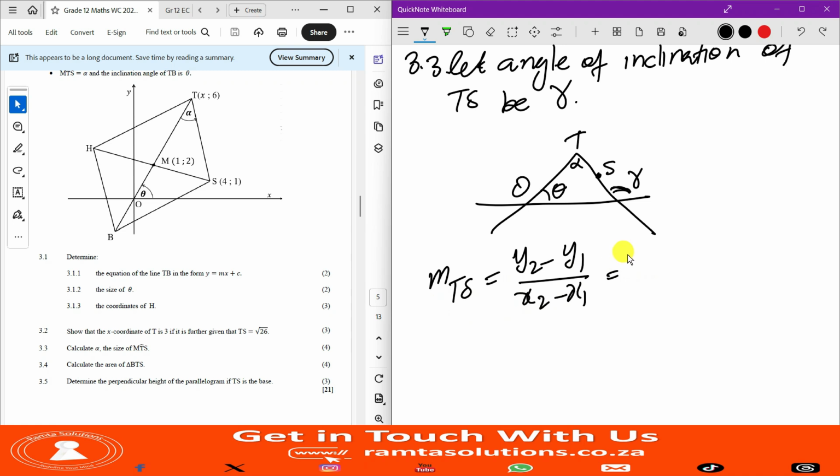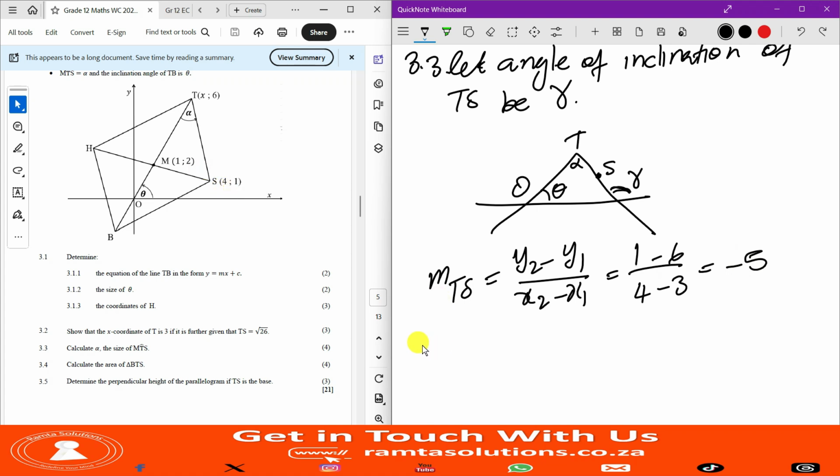Y value of S is 1, Y value of T is 6, X value of S is 4, X value of T is, I think it was 3, wasn't it? It was 3. So here, what do we have, guys? Talk to me, guys. Is it 2? Oh no, it's 1. It was 1, right? So we have minus 5, isn't it? We have minus 5. Okay.